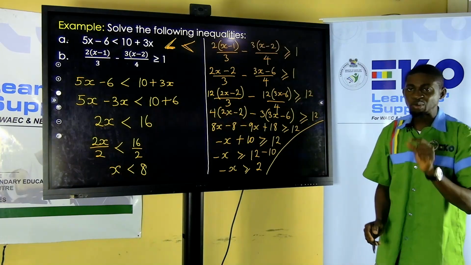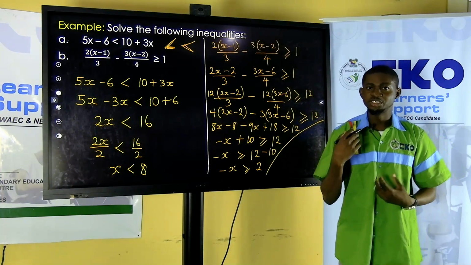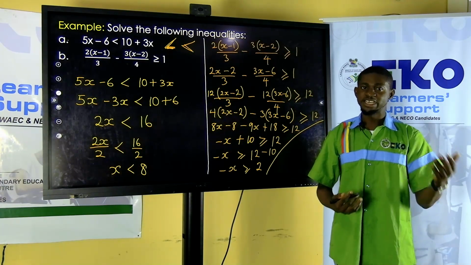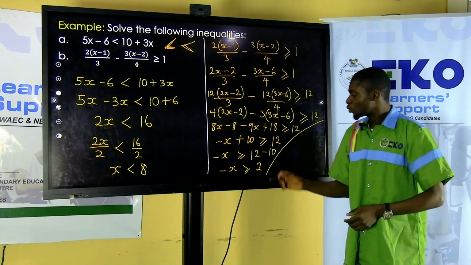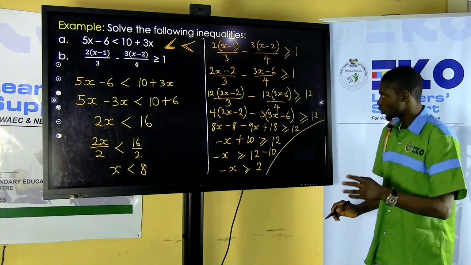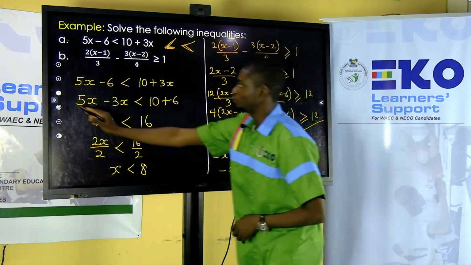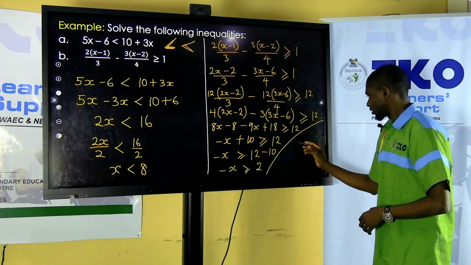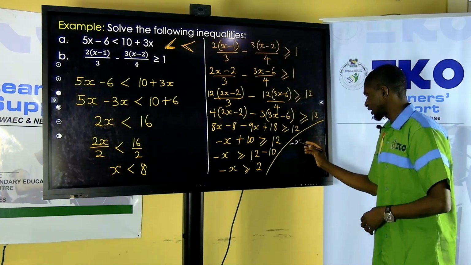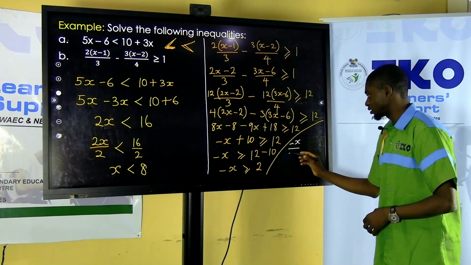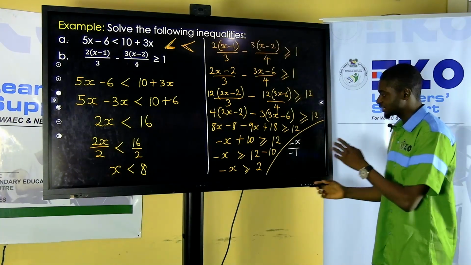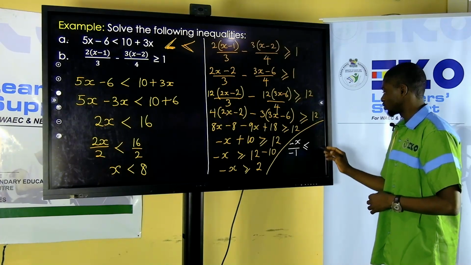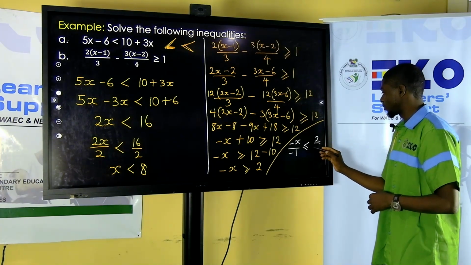So here, recall the rule. When you divide or multiply both sides of an inequality by a negative number, the inequality sign is going to change. So what we are doing now is that minus x is being divided by minus 1. The greater than or equals to becomes less than or equals to 2 divided by minus 1.